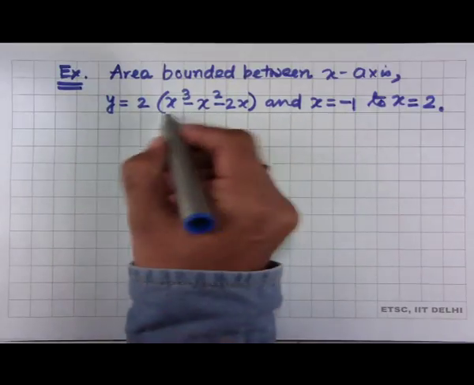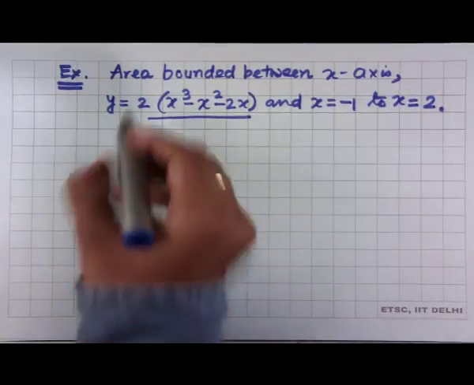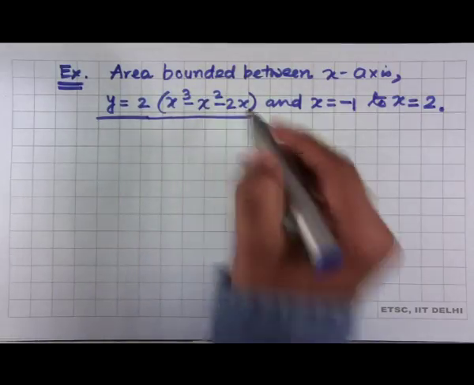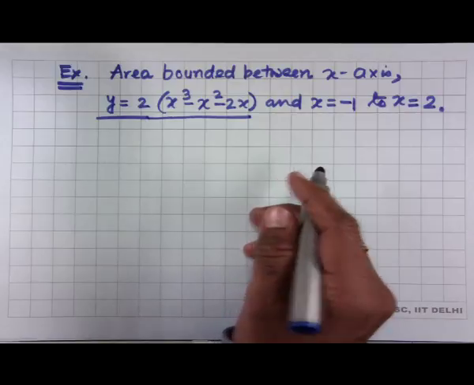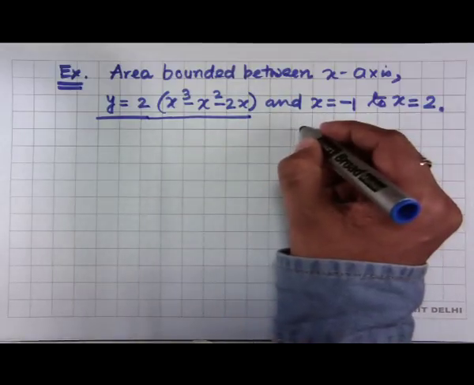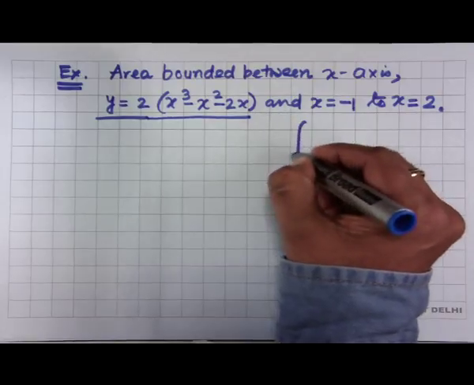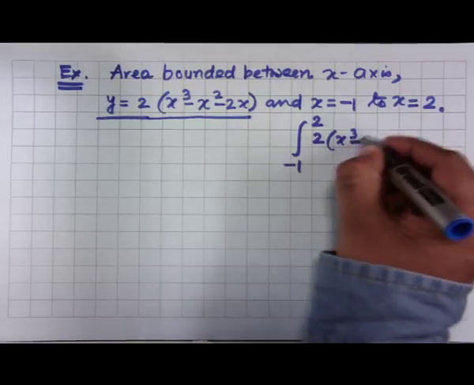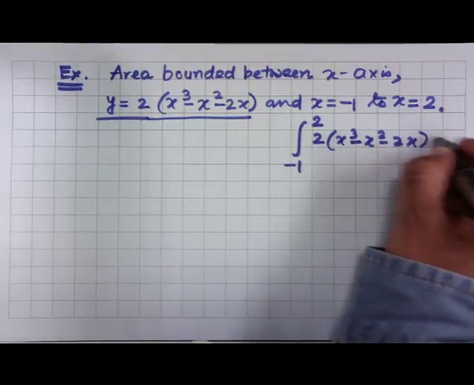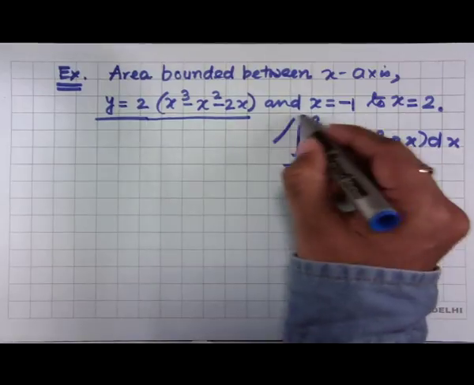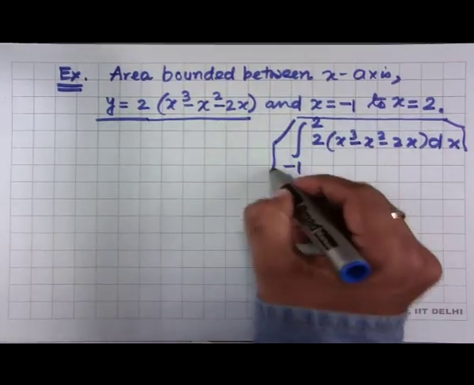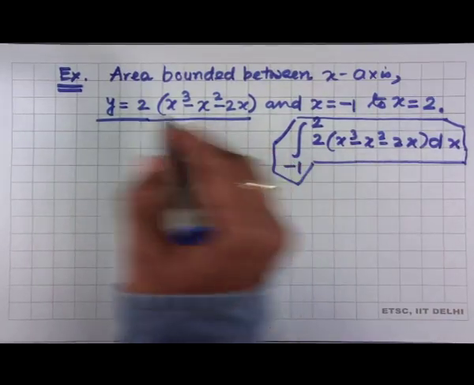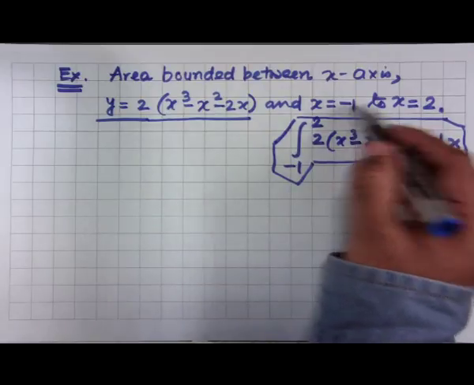Now, it seems that it is difficult to plot this curve y equals 2x cube minus x square minus 2x, but unless you plot you cannot find out the actual area, because if you try to integrate it directly, this will not give you a correct value of the required area, because you do not know where y is positive and negative between minus 1 and 2.